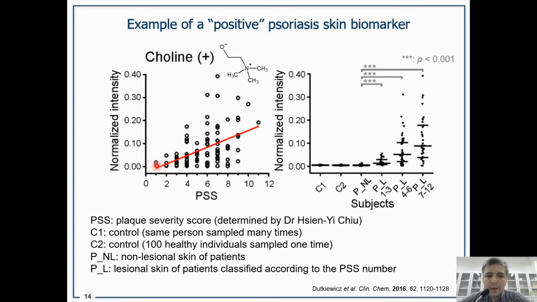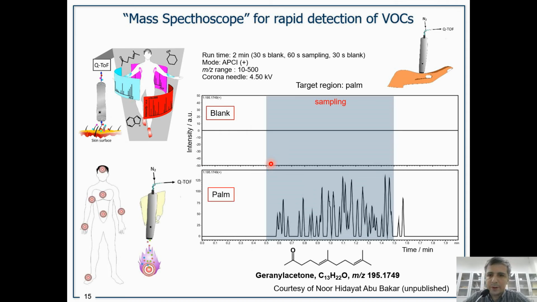And this plaque severity score and the normalized intensity of choline present on skin correlate to some extent. So choline is a putative positive psoriasis skin biomarker because its concentration in skin increases as the plaque severity score increases.